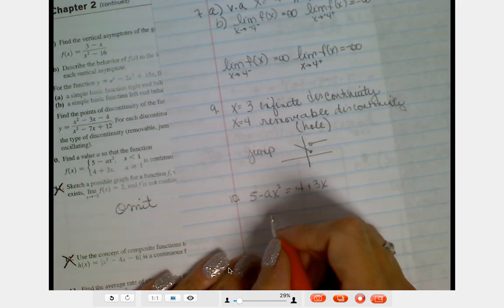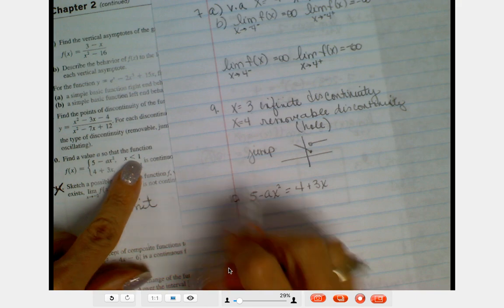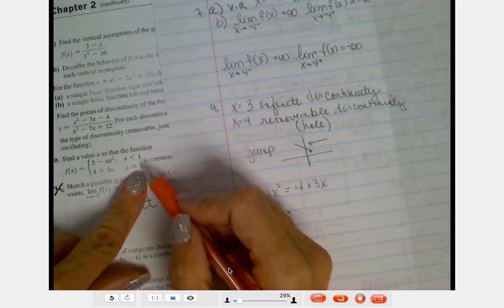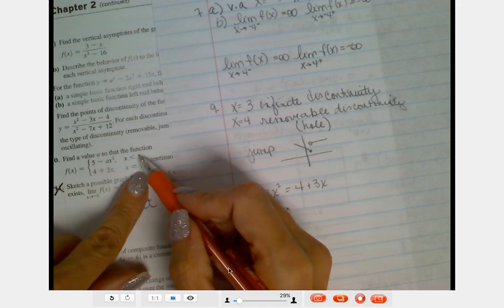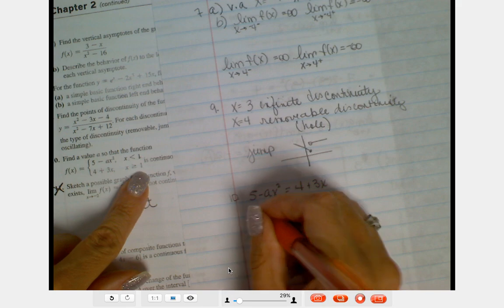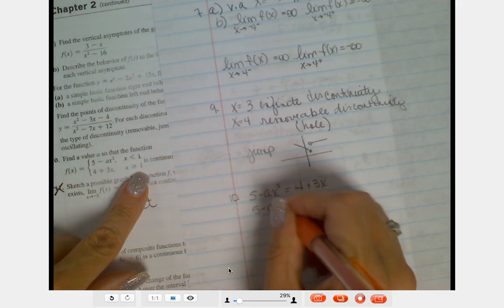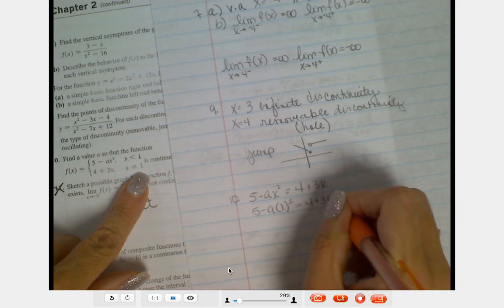Then I'm just going to solve for what a is. One of the things I can do is you see here, these are 1s and 1s: x is less than 1, x is greater than or equal to 1. So that is the x value that I'm going to put right here. So 5 minus a times 1 squared equals 4 plus 3 times 1.